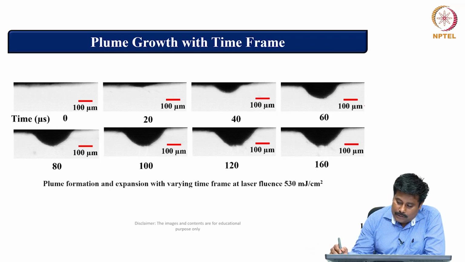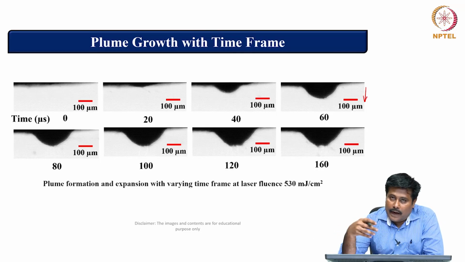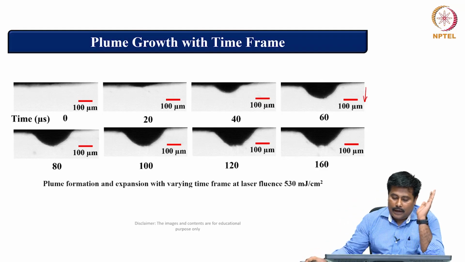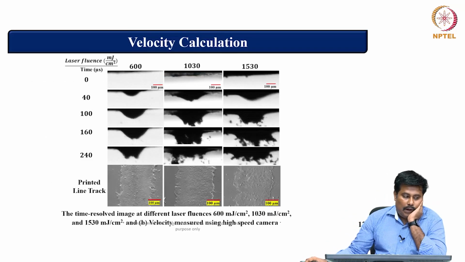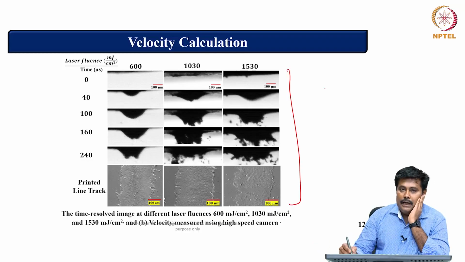With reference to this plume formation, there is a main ejection mechanism which results in a deformation that sticks onto the surface, resulting in a kind of textured growth.